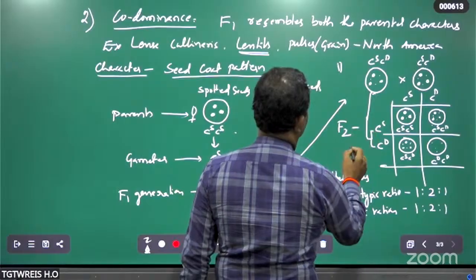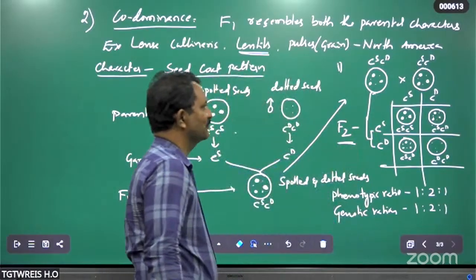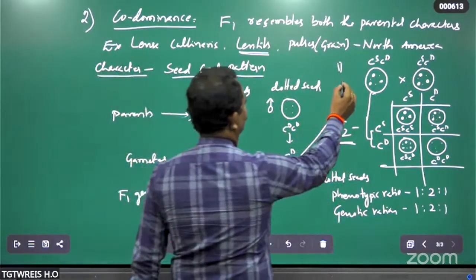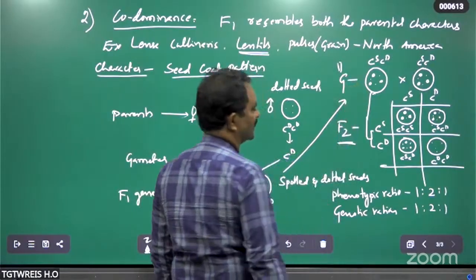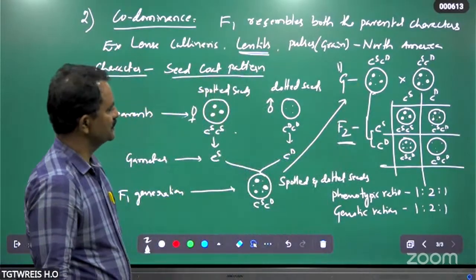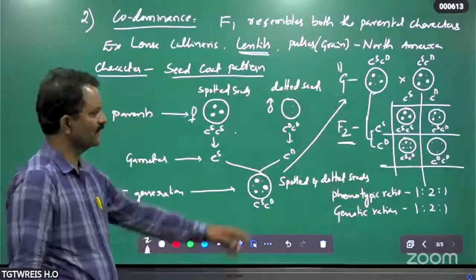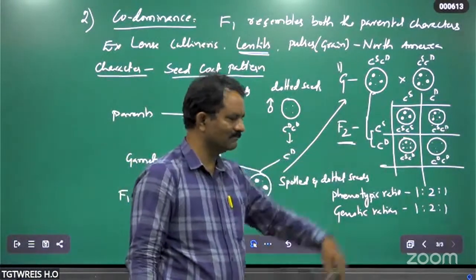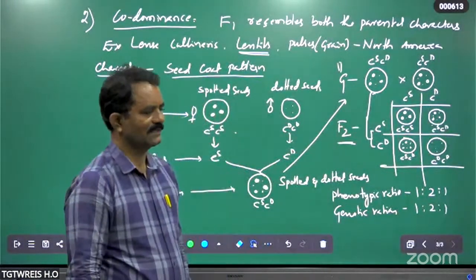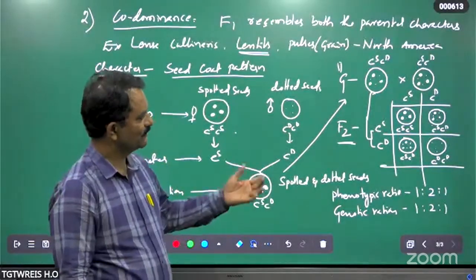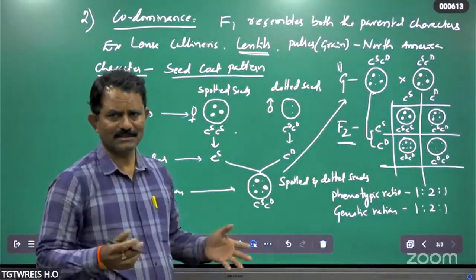So this is the F2 generation, right? These are the gametes. The phenotypic ratio of F2 generation is also deviated from 3:1. According to law of dominance, the F2 phenotypic ratio should be 3:1.